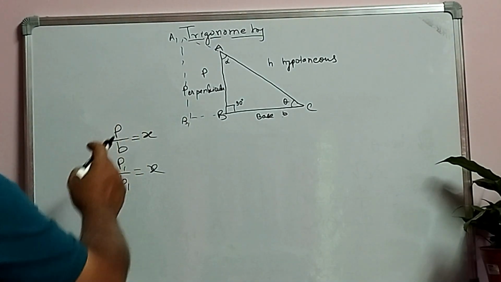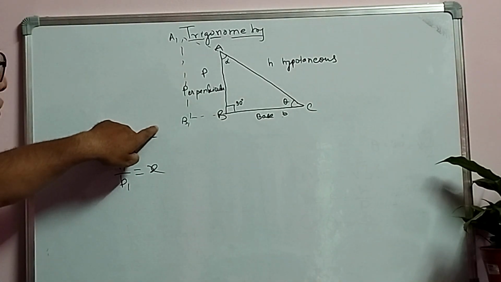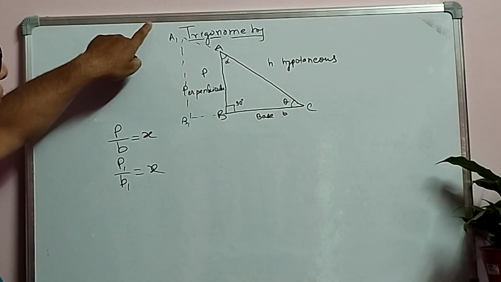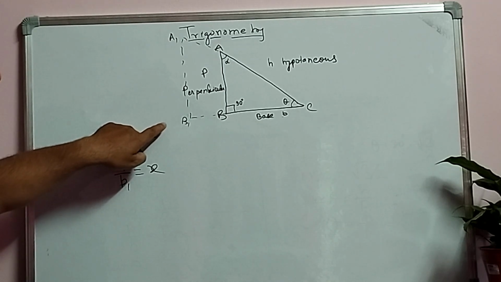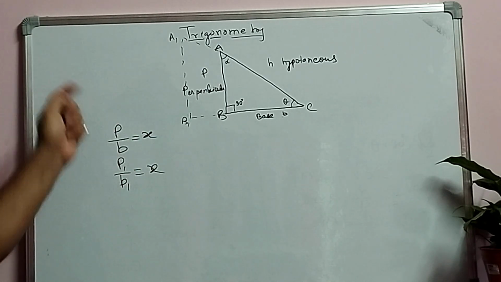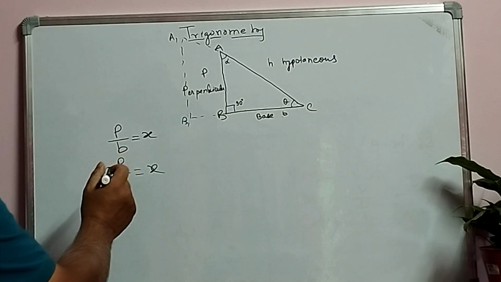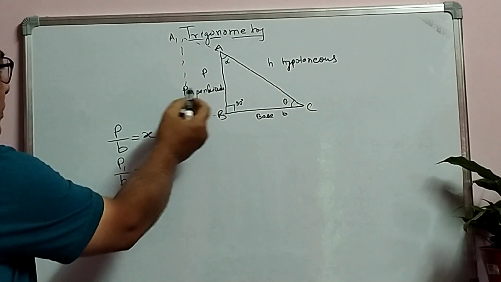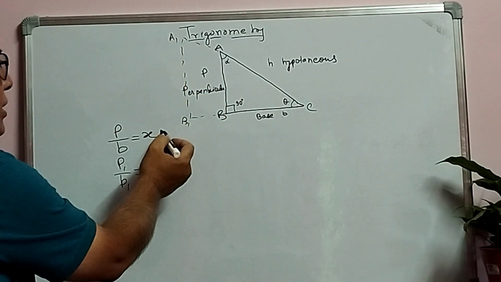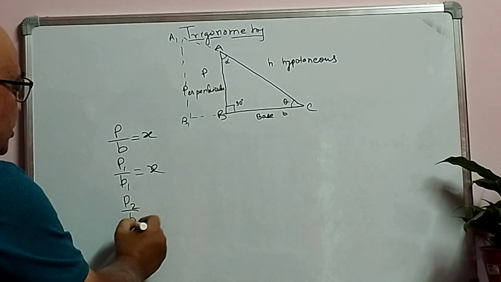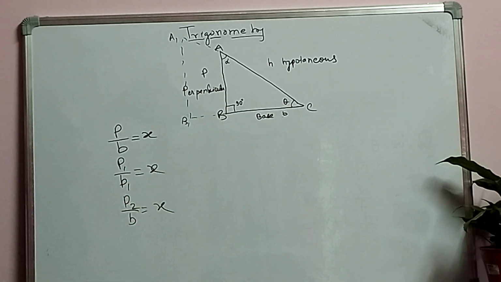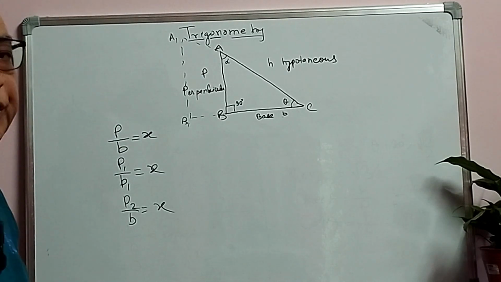If we elongate it further to B2 and this to A2, then P2 in this new case, P2 by B2 will also be the same. So this is a very amazing, wonderful thing about trigonometry.